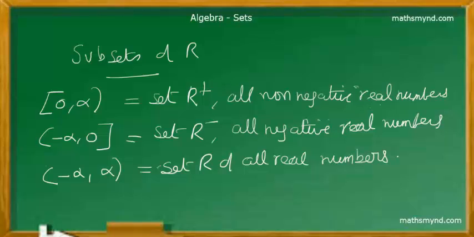The opposite is, of course, R negative, that's the set of negative real numbers. And if you put the curvy brackets within the symbols of infinity, that's minus infinity, infinity, naturally it's the set R, that is the set of all real numbers. Thank you.